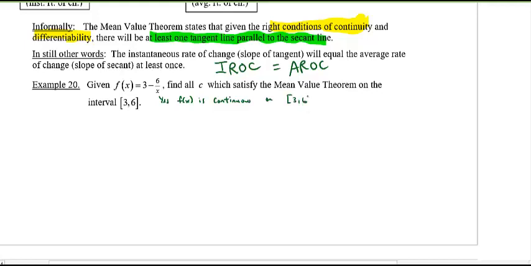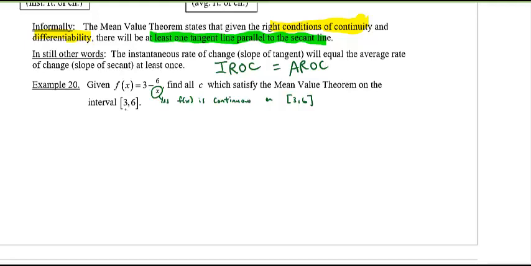Now if I change the interval, let's say I made it -3 to -6, can we use the mean value theorem? The answer is no, because at x equals 0, it is undefined, and therefore not continuous. But because the interval is between 3 and 6, it is continuous.